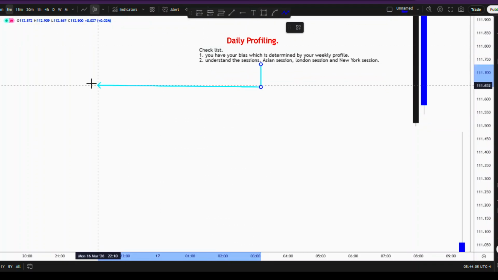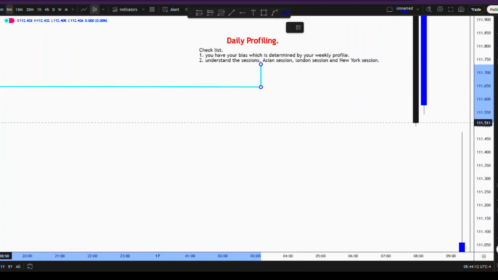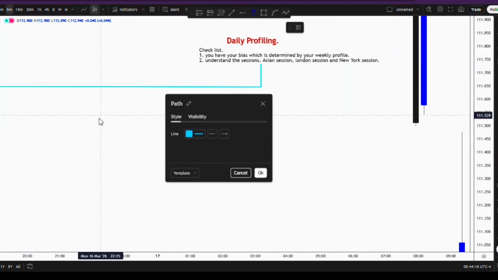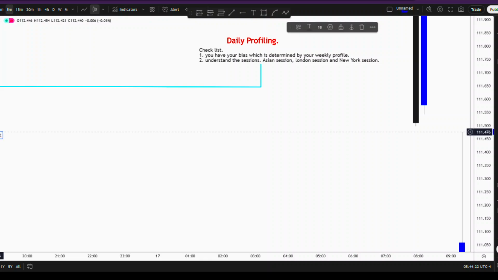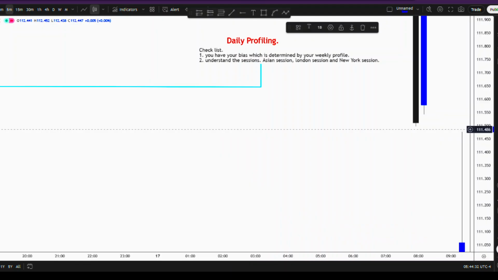Number one is London reversal, and New York continuation.